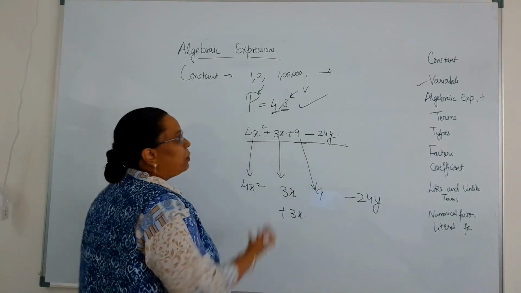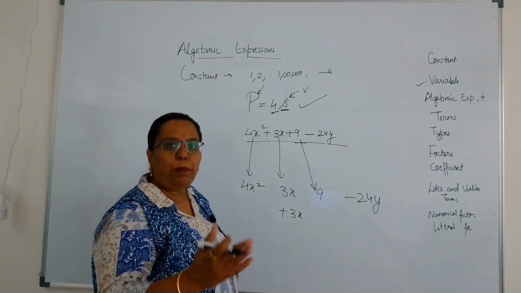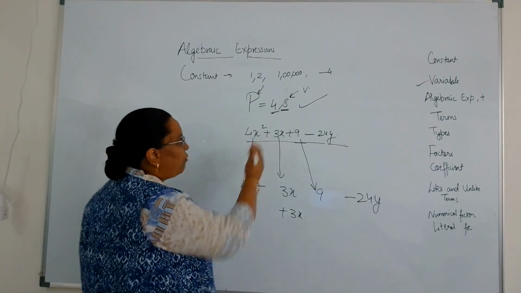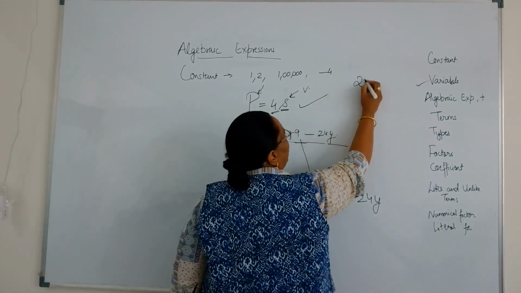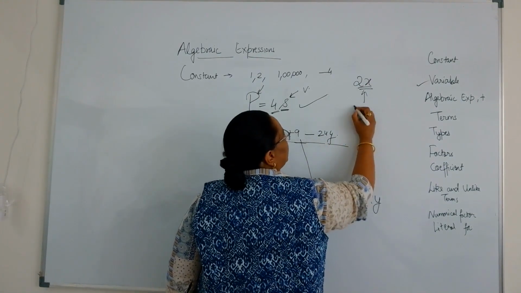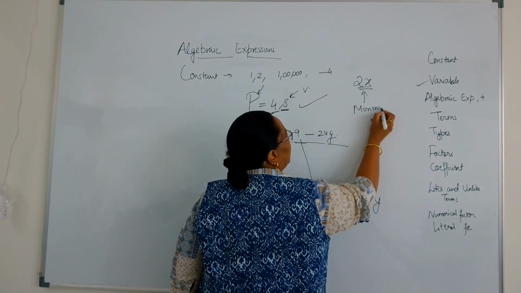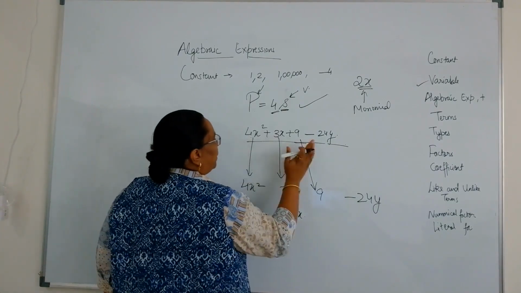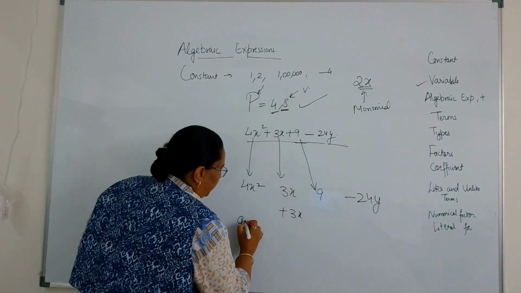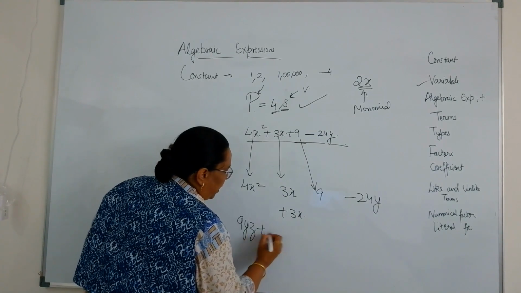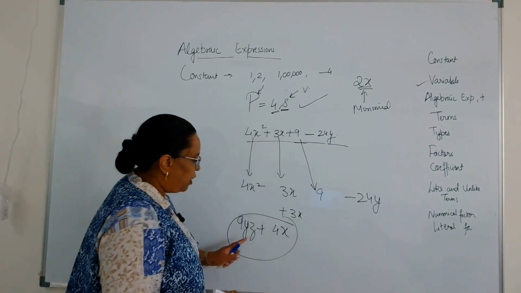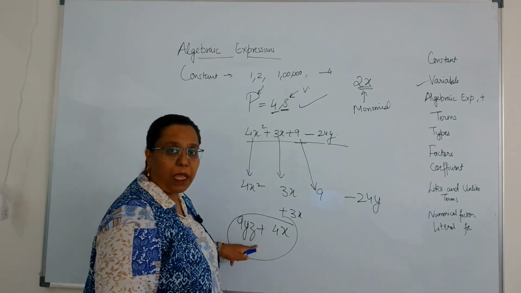Fine. So here we come to types of algebraic expressions. If we have only one term, suppose I write 2x, it's known as a monomial. Suppose I write 9yz plus 4x. You can see there are 2 terms which are separated by a plus.